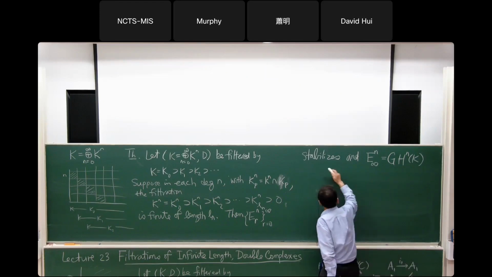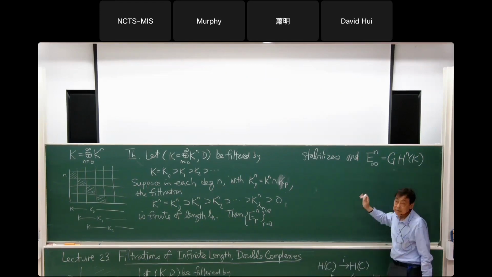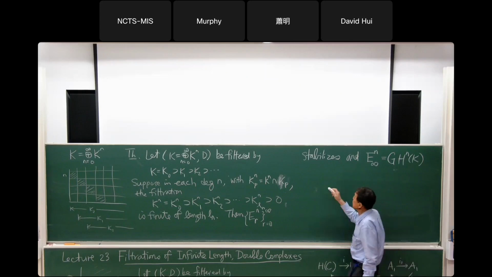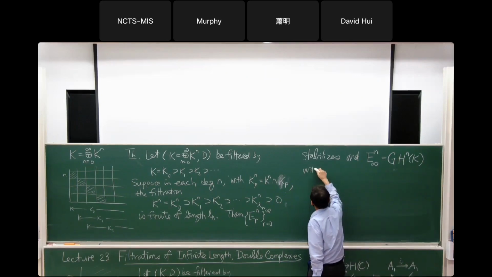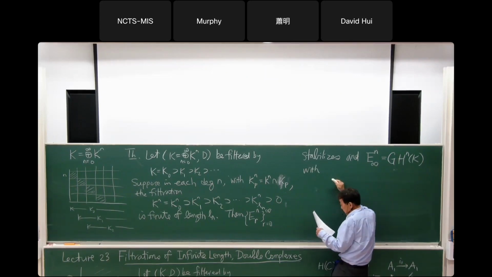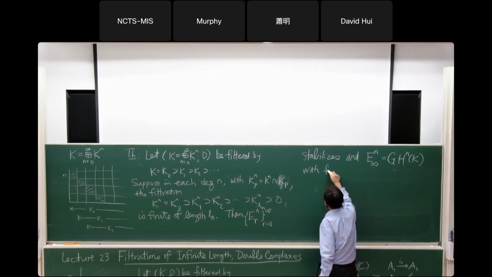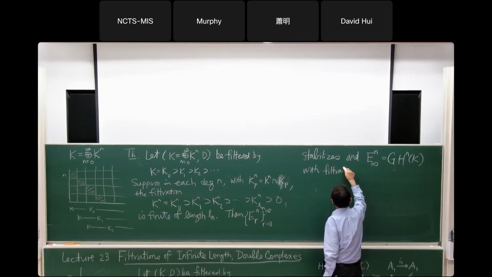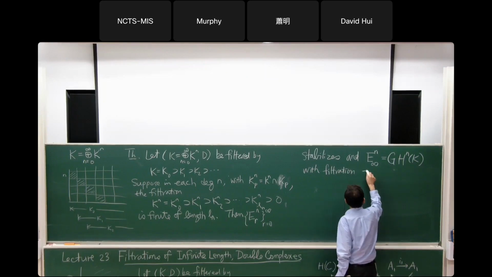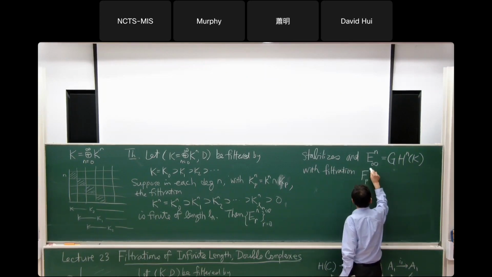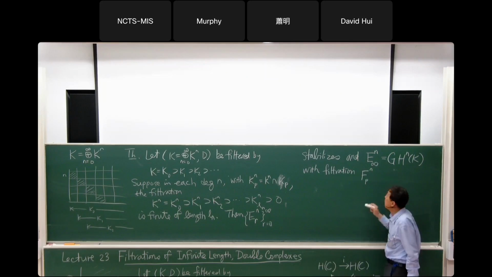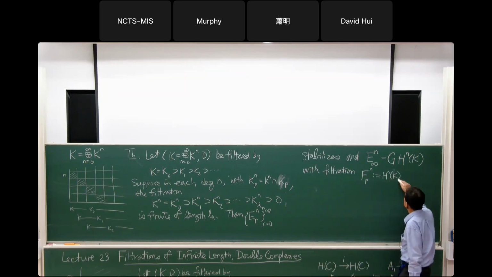And when you take the associated graded complex, it's always with respect to a filtration. So with filtration F^P_n, so F^P_n is just the elements of degree n intersected with F^P. Okay?